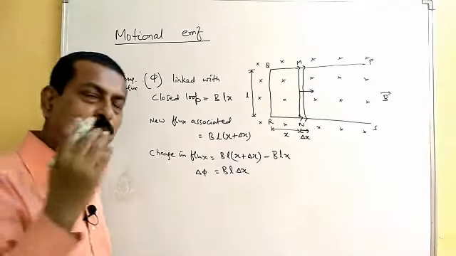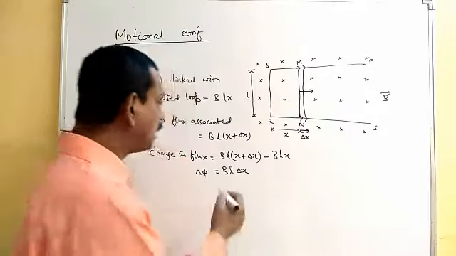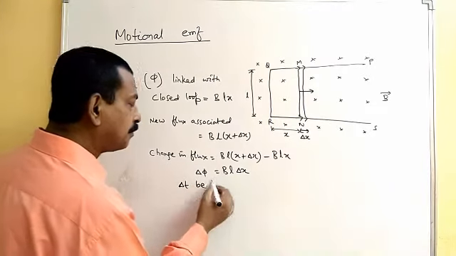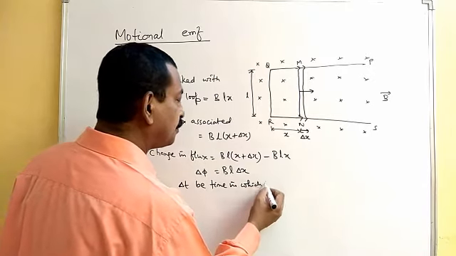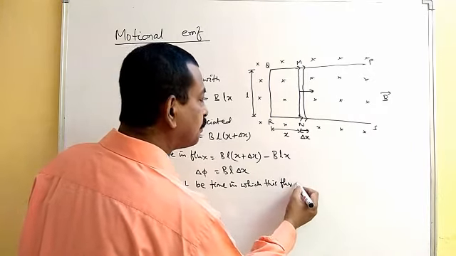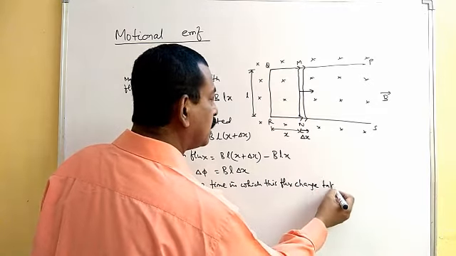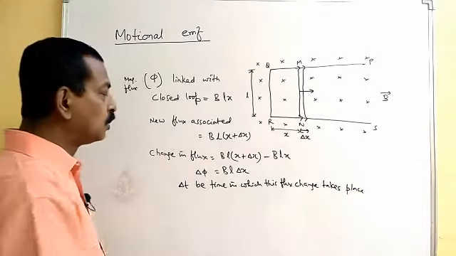Suppose this change happens in time delta t, the time in which this flux change takes place. So what will happen?